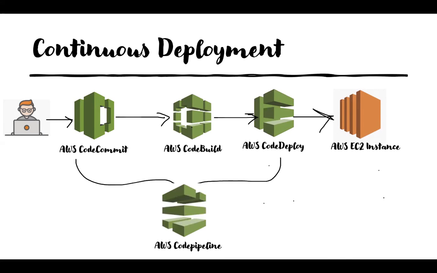If I combine all these three services, AWS has provided us only one service, called AWS CodePipeline, which is equal to using the three services. So by using only AWS CodePipeline, we can achieve a CI/CD setup.